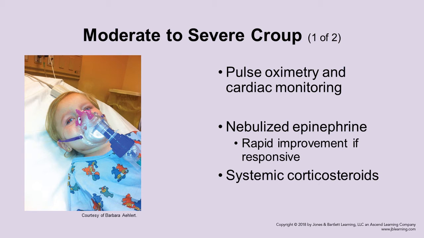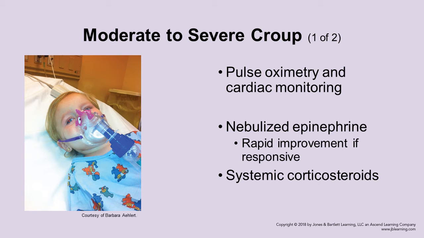Epinephrine, when delivered in a nebulized form and directly exposed to those swollen airway tissues, can actually cause vasoconstriction and decreased swelling of the tissues. Patients who respond to epi, or racemic epinephrine as it's known, often will have a very rapid response. Unfortunately, it's also very short-lived, so these children may require frequent treatments or intensive care for the level of monitoring they require.